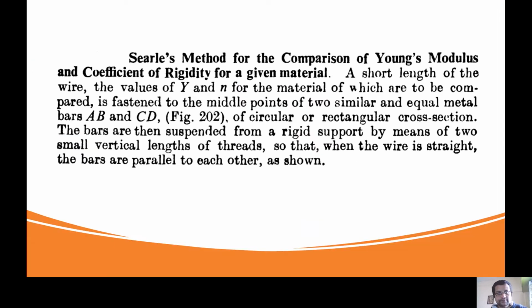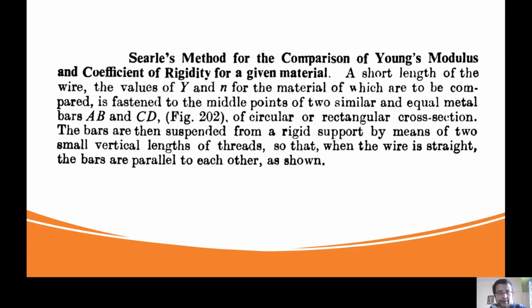There is one experiment also which we call Searle's apparatus. Might be you people have learned these experiments in your earlier courses of junior college, the determination of the Young's modulus by Searle's apparatus. But this method also you are going to do in the laboratory, where you are actually determining the two elastic constants, that is the Young's modulus and the modulus of rigidity, for the materials that are to be compared.